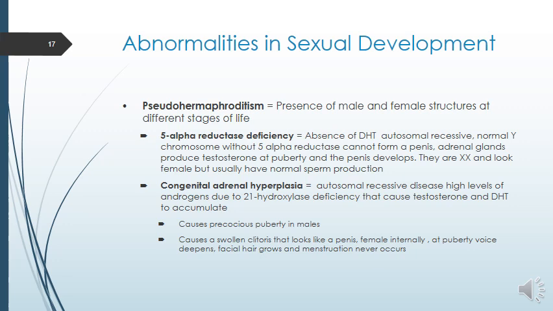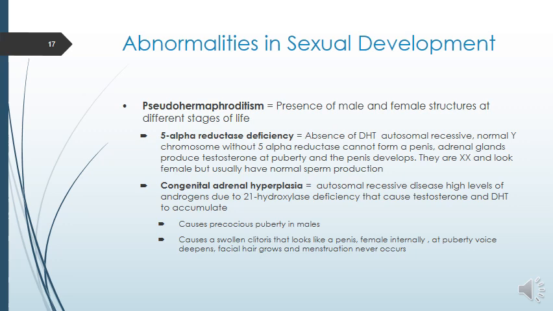The internal male reproductive tract develops, and internal female structures do not. So the male anatomy is present on the inside, but the child looks like a girl on the outside. Without 5-alpha reductase, which normally catalyzes the reaction of testosterone to form DHT, a penis cannot form.